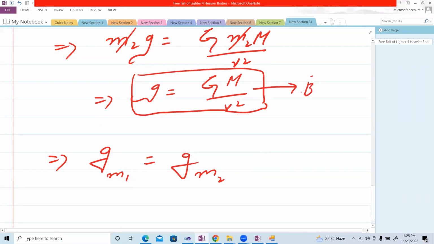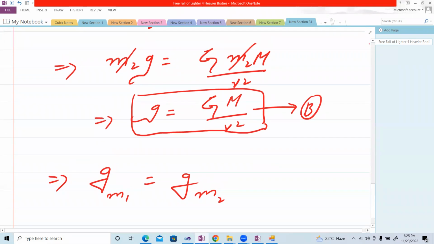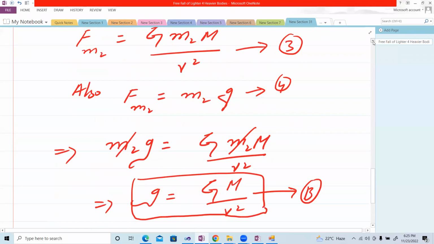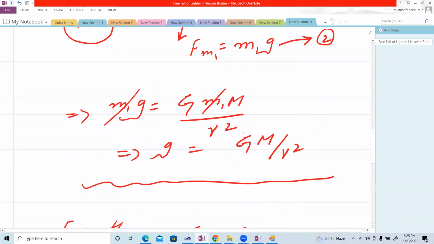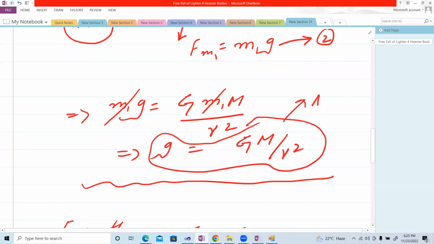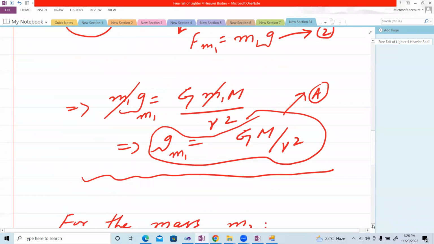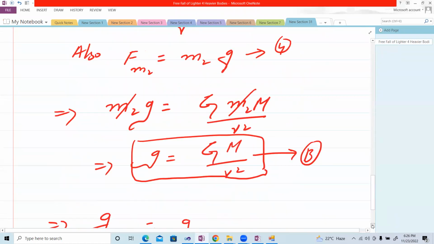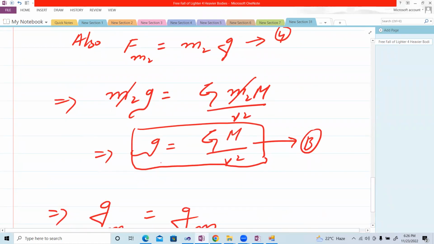So let's say equation B and the above one, let's say equation A. In order to differentiate, we can name this acceleration g m1, and the acceleration in equation B can be named g m2.